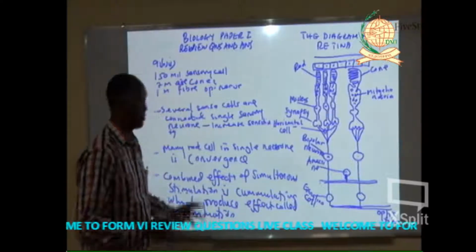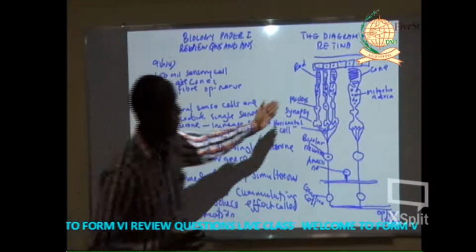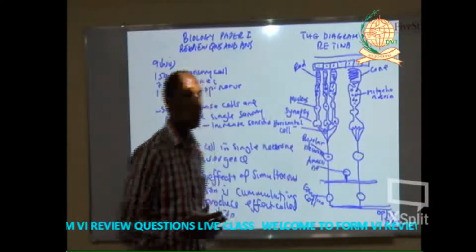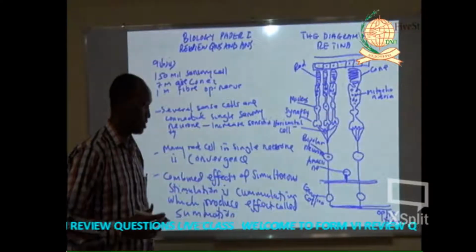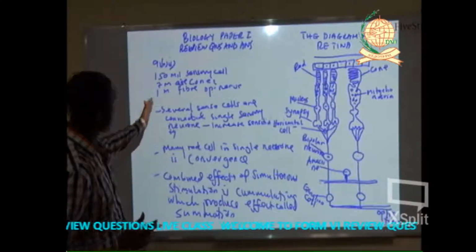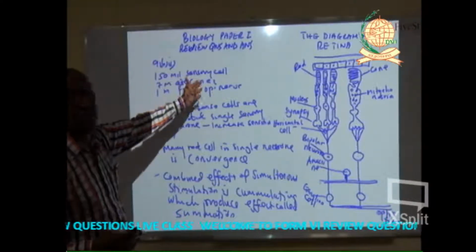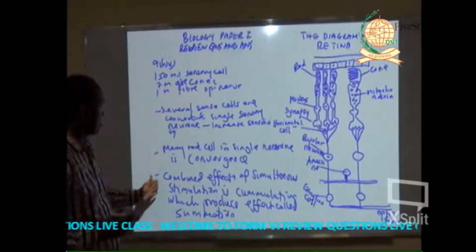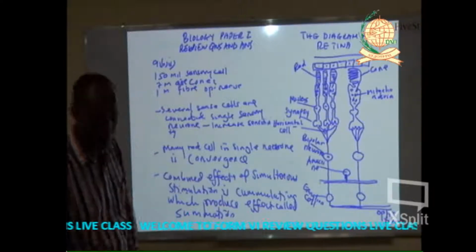It means the sum of the stimulation of here and here and that one. So that is why you can see this number over here. If you explain this one and this one, it is 1 mark for each.